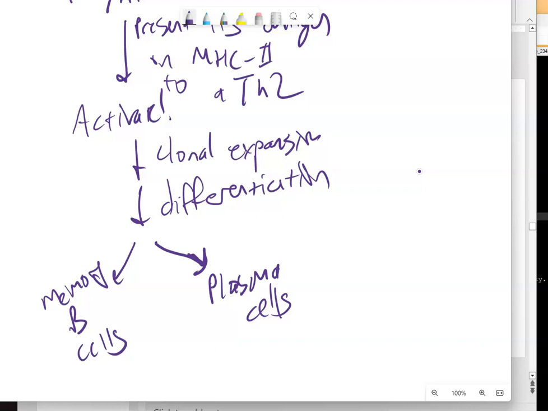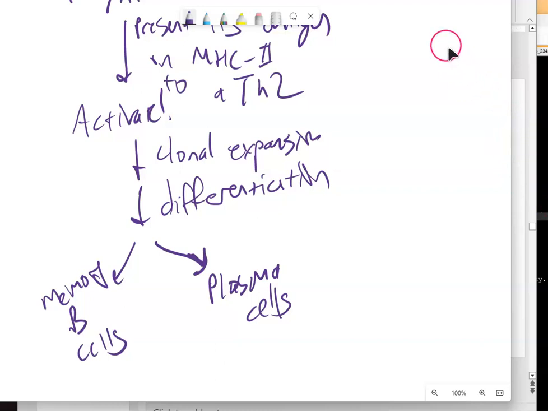Plasma cells are designed for one purpose, and that is to make huge quantities of one antibody. So once you have plasma cells in an immune response, the body is flooded with endless copies of one antibody. And that can be a very powerful part of the immune response.